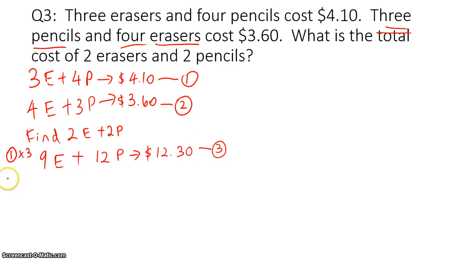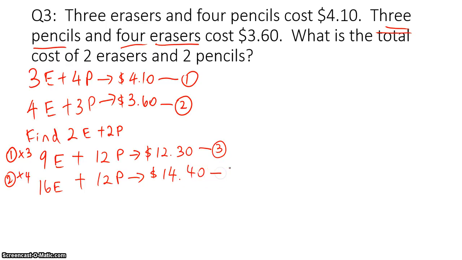Then for the second equation, equation 2, I want to make my p to be 12, so it's times 4. Okay, 4 times 4, 16e plus 4 times 3, 12p gives us 360 times 4, which will give us 1440.